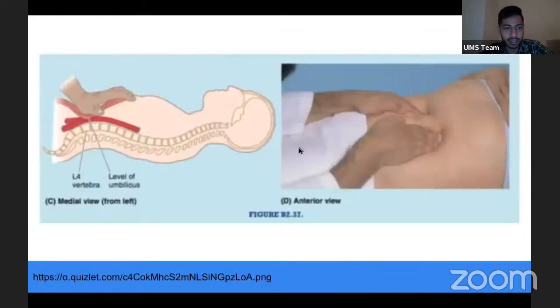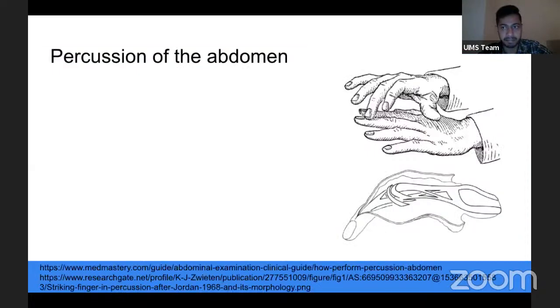In this next image, you can see what we're doing with our hands and how we're actually palpating superior to the umbilicus in the midline. And it's a deep palpation rather than a light palpation. So with that, palpation of all of the abdominal organs is done. And now we can move on to percussion.